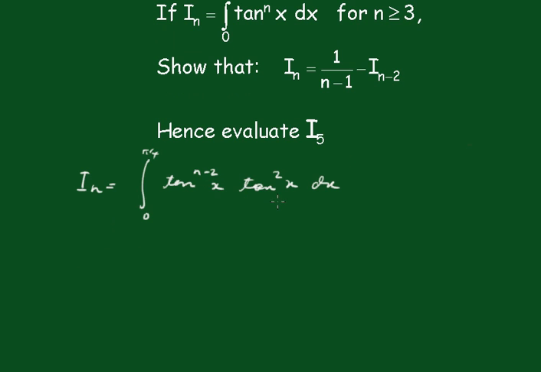Now we're not going to use parts. We're going to do this bit. Pi upon 4 naught tan n minus 2 x, and tan squared x, as you know, is going to be sec squared x minus 1.